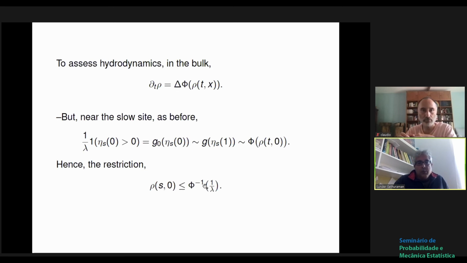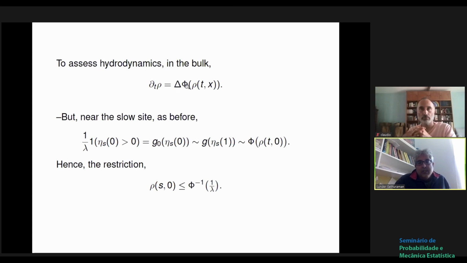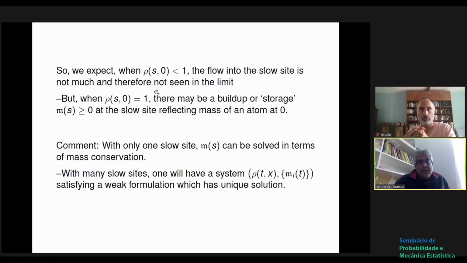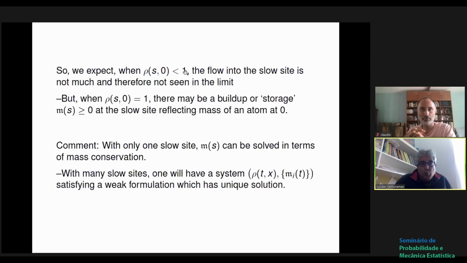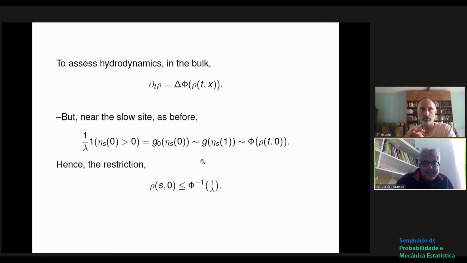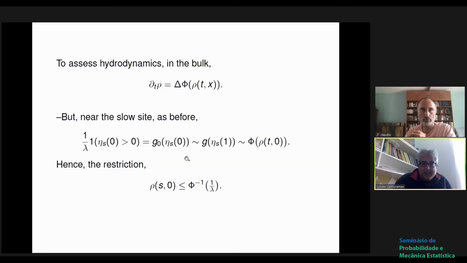So macroscopically, the density, even though it satisfies this equation, at the macroscopic defect should be less than the max density allowed. So we expect that what one should get is this equation with this restriction, that it's less than or equal to this value. Not 1. This 1 should be this value. Sorry, that's a typo. Where we see 1, I mean this value here.